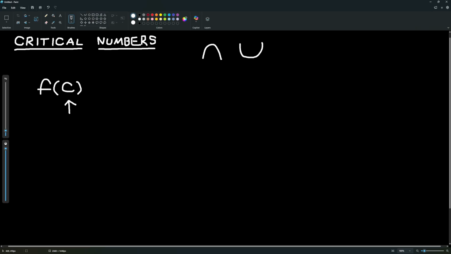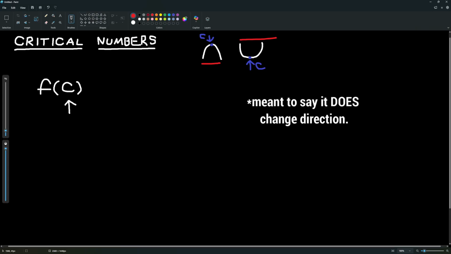If we know that it's a relative minimum or a maximum, we know that the slope has to be either 0 or DNE at the point c, wherever that is. Let's just say that this could be c or this could be c, right? In this case, it is a maximum, and in this case, it is a minimum. But we see that the slope equals 0 because it has to change direction.